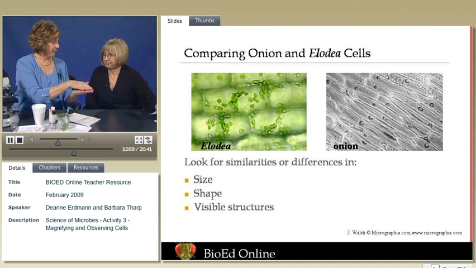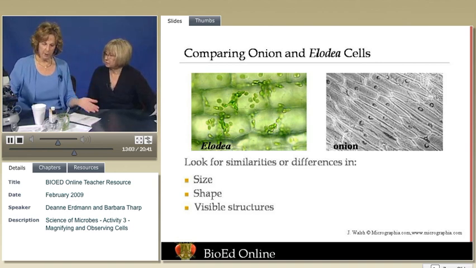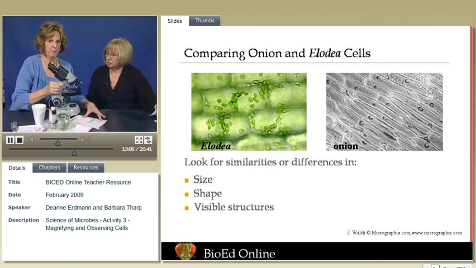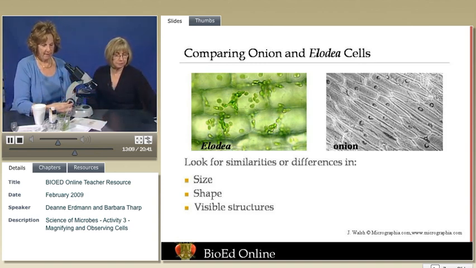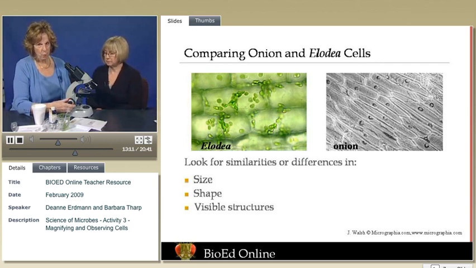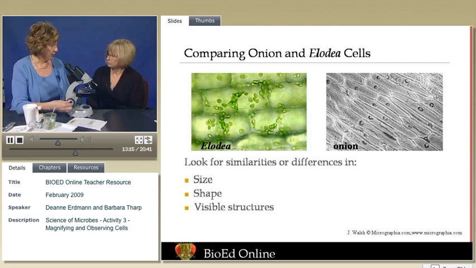really cool. It is very cool, because when you're looking on your microscope, if you'll remember when we were looking at the microscope before, you have the coarse adjustment, and you have the fine adjustment.